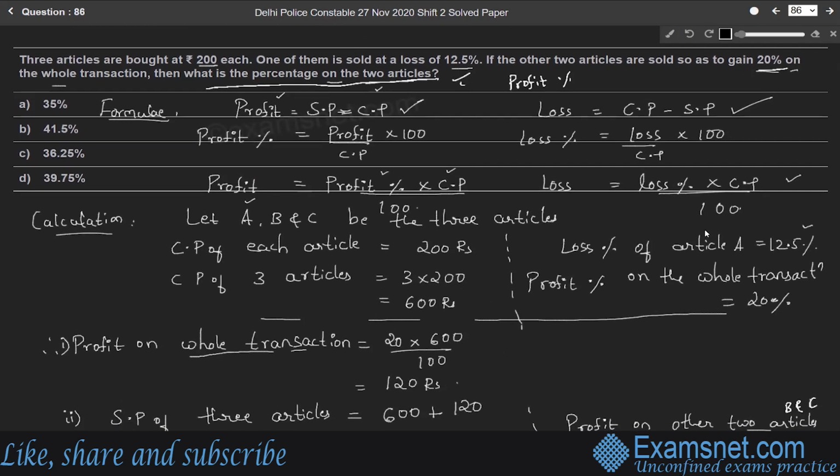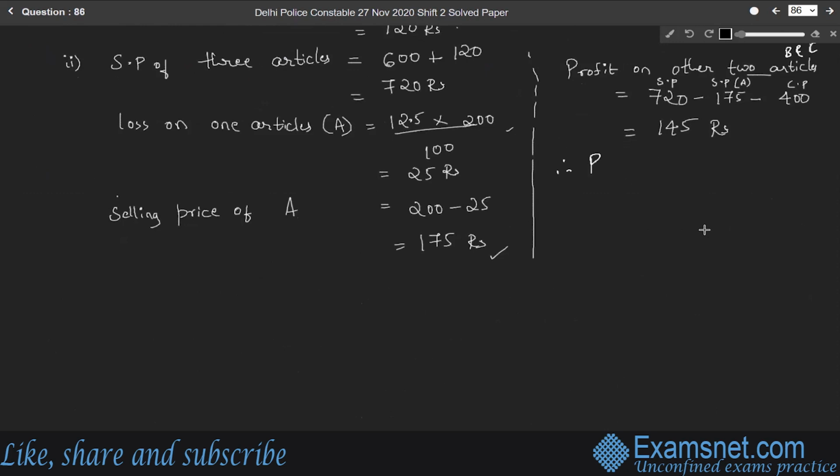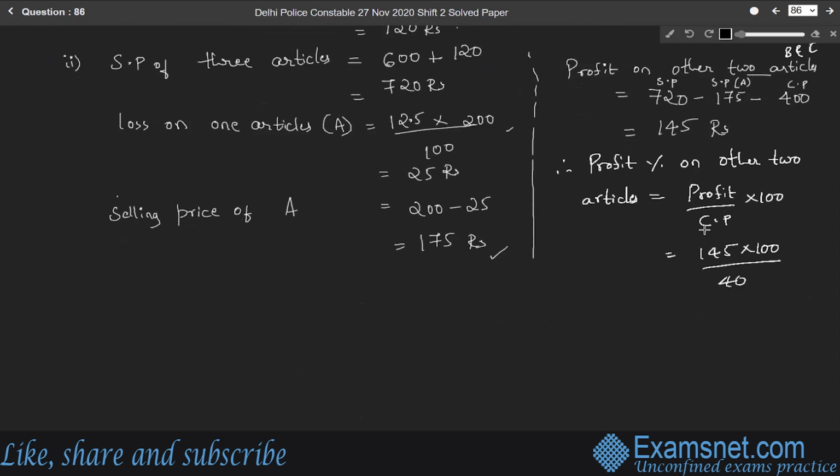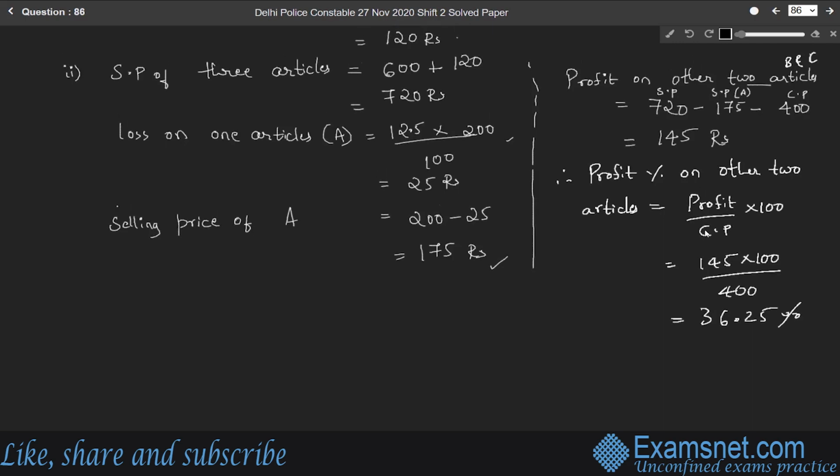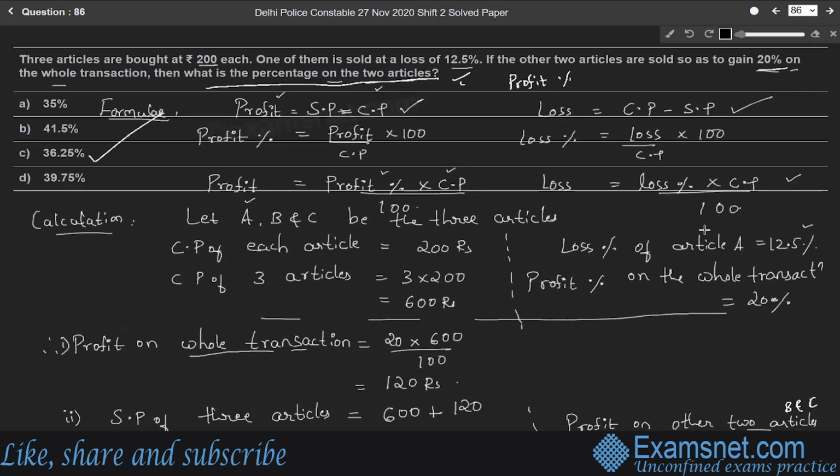So profit percentage on the other 2 articles is, from the formula, profit by CP into 100, which is profit 145 on 2 articles into 100 by the cost price of two articles, 400, which is 36.25. Therefore, the correct answer is 36.25.